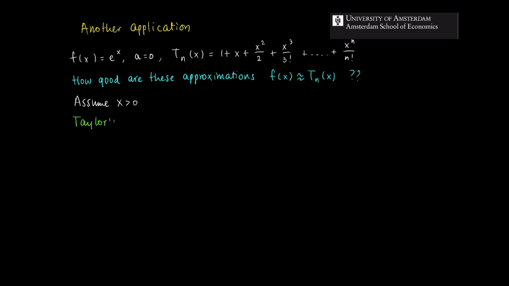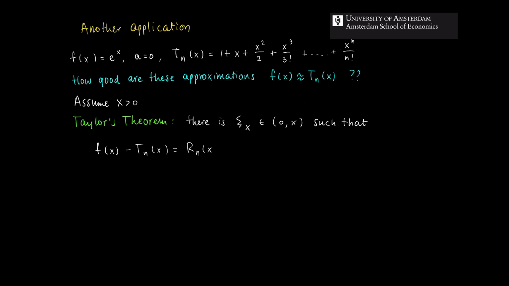So Taylor's theorem now says that there is a psi of x in between 0 and x, such that the remainder term can be expressed as follows. What is the remainder? Well, it's the difference of f of x and Tn of x. So the remainder term is calculated as the difference between f and its nth order Taylor polynomial.